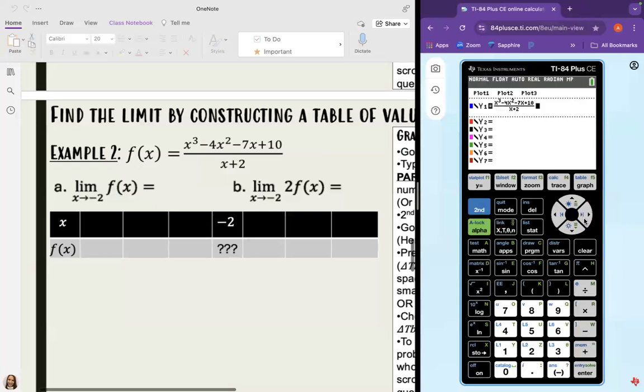Is anybody having trouble with their calculator? Any errors or anything? Okay. Hey, that's why we're taking a lesson. Okay, and then when you're ready, you can hit graph.